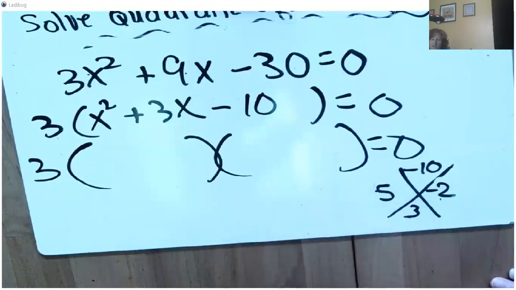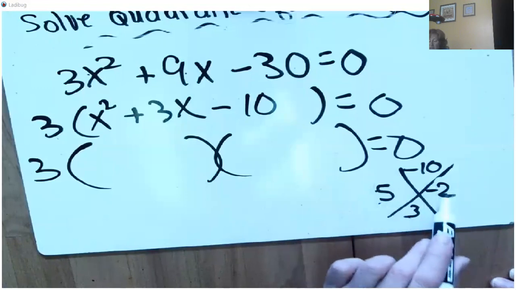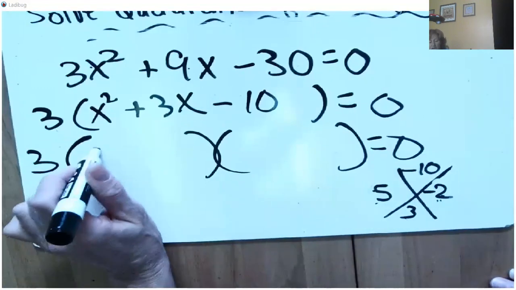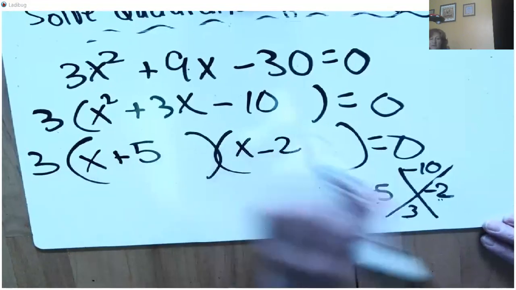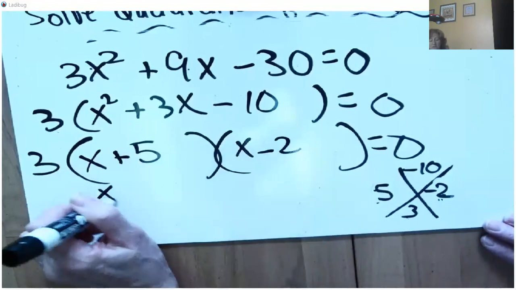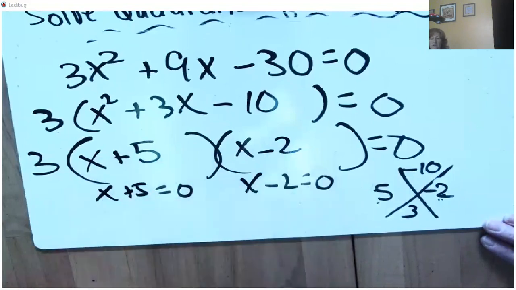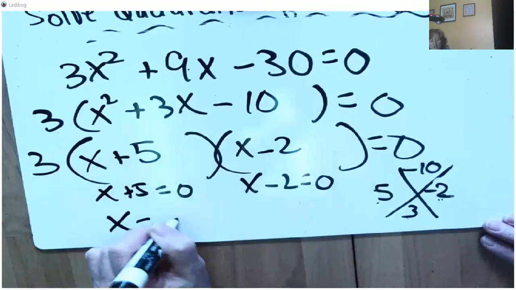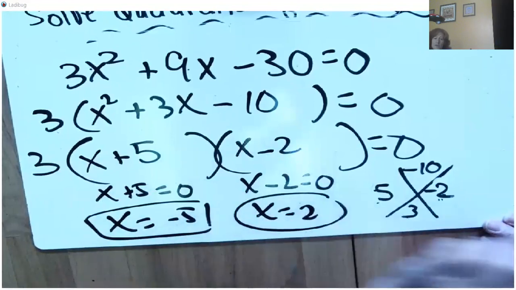So I know the 2 has to be negative. 5 times negative 2 is negative 10. 5 plus negative 2 is 3. So those are the factors. There's the equations. So we get negative 5 and 2.